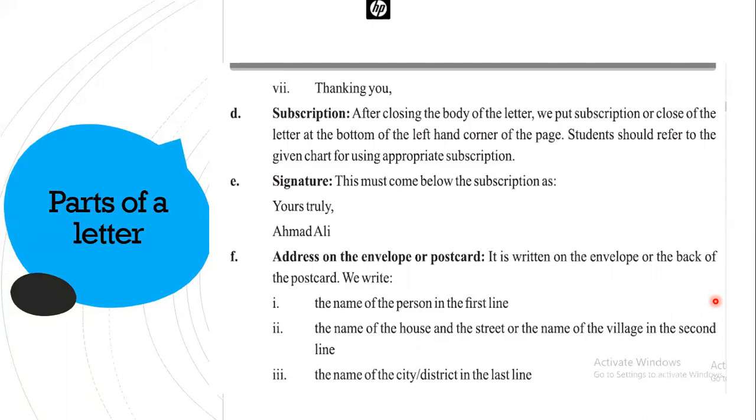So I will suggest you one thing, that as you are staying at home these days, why don't you write a letter to your friend, maybe within the city, or maybe outside the city, and make it a proper letter, and put it in the envelope, write down the address of your friend, put a stamp and post it. And that would be very interesting.